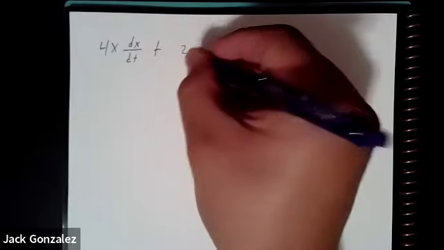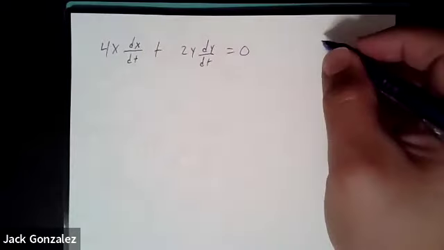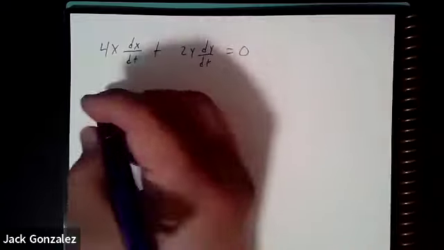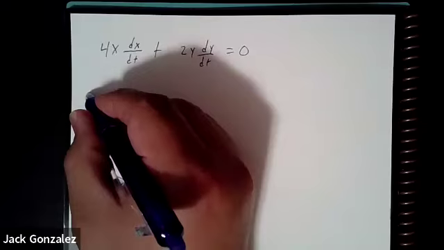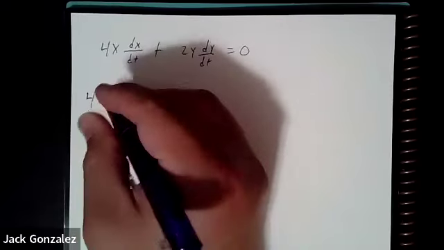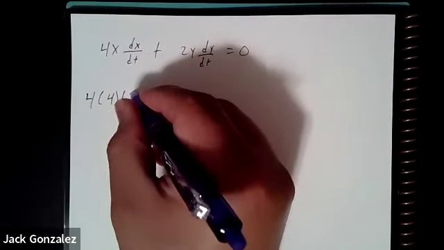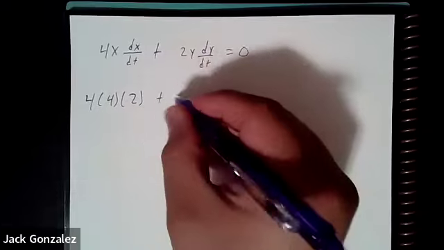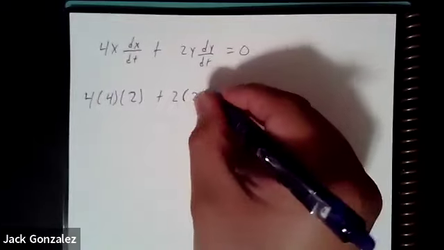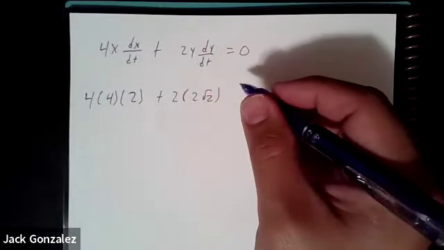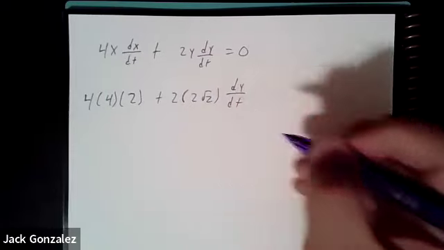It's 2y. So at this point, plug in your 4 for x, your 2 for dx/dt, your y for 2 root 2, and dy/dt we're going to solve for.